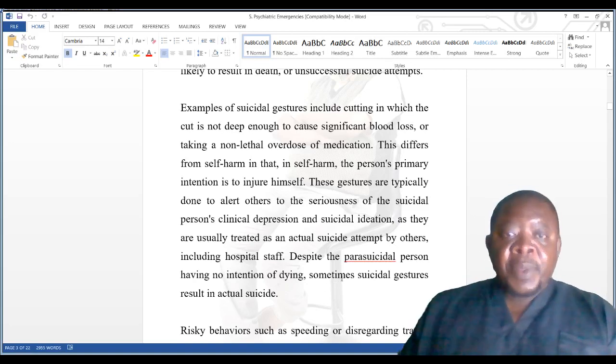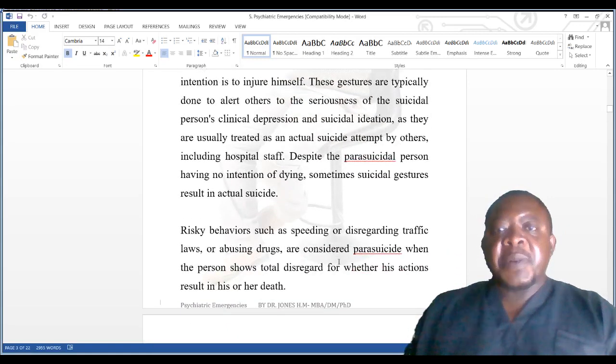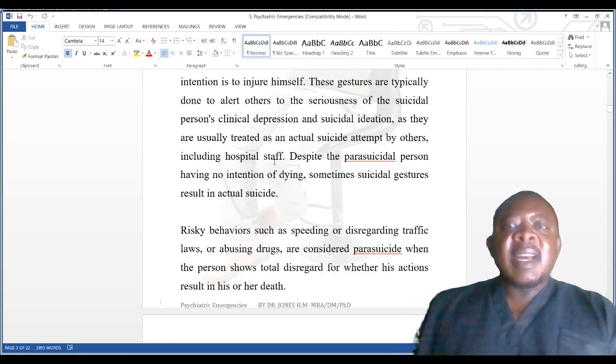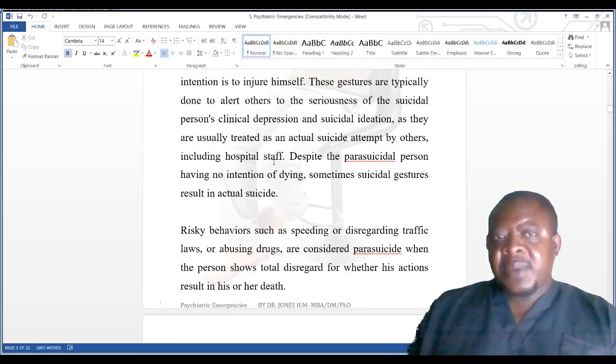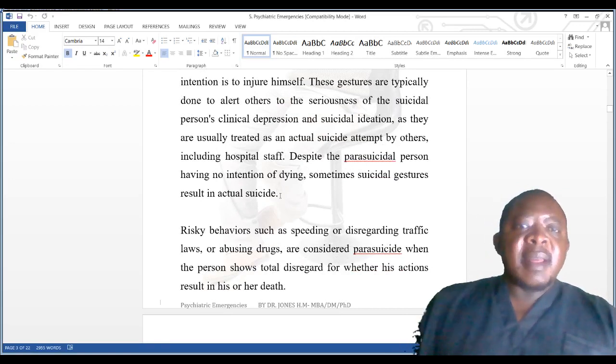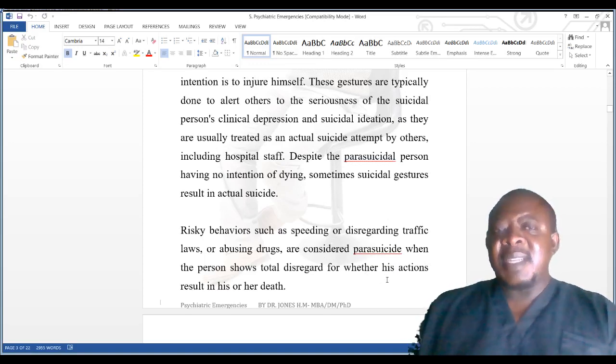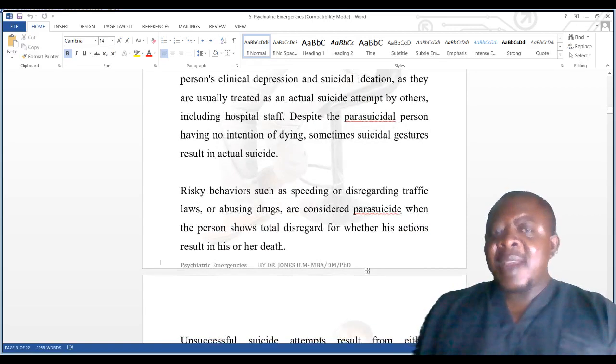So risk behaviors such as speeding, disregarding traffic laws or abusing drugs are considered parasuicidal. When the person shows total disregard, as if the action is just for fun, but it eventually may result in death, we look at that as parasuicidal behavior.